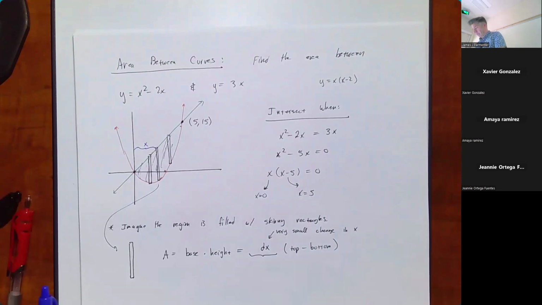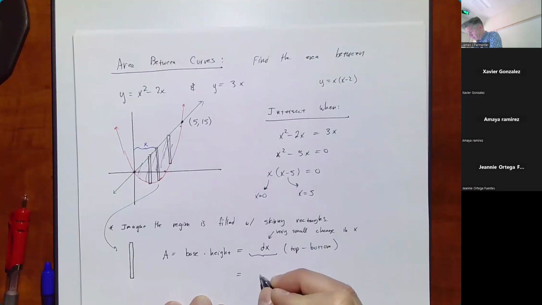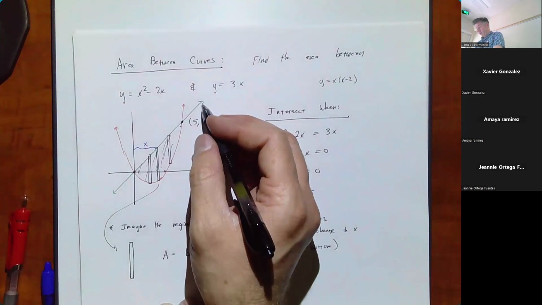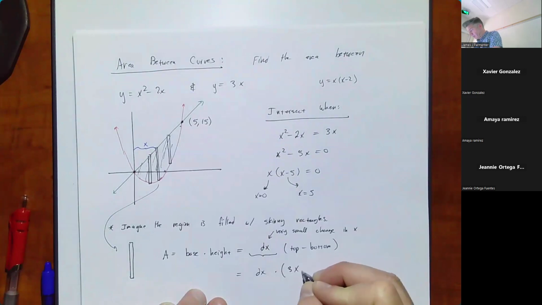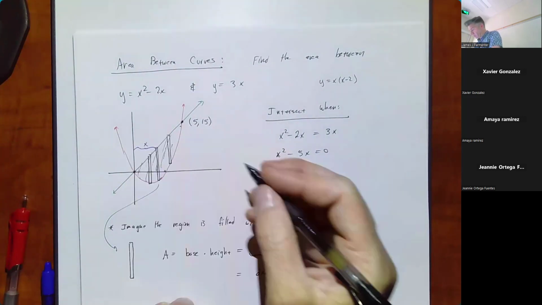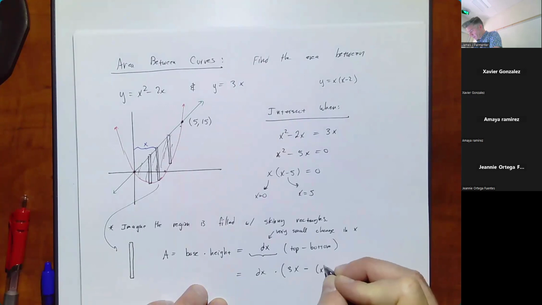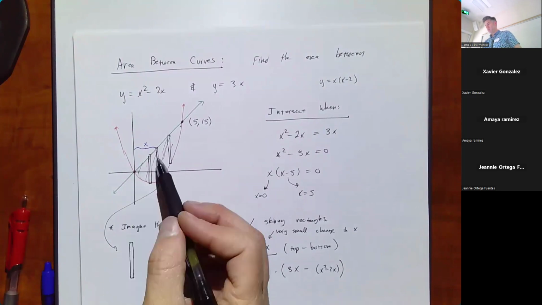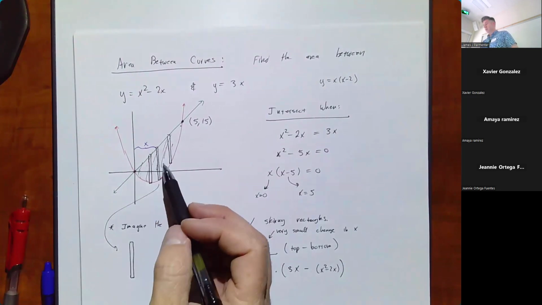So in this case, that actually is the top function, which, looking at the graph, is 3x, and the bottom function is x squared minus 2x. So depending on how far over we go, the height of the rectangle is going to vary from really, really small to moderately big to really small again.